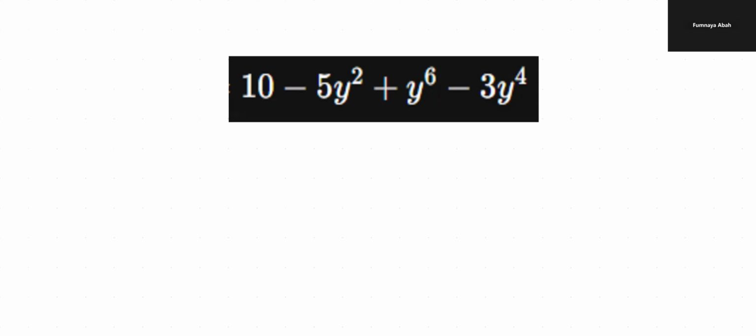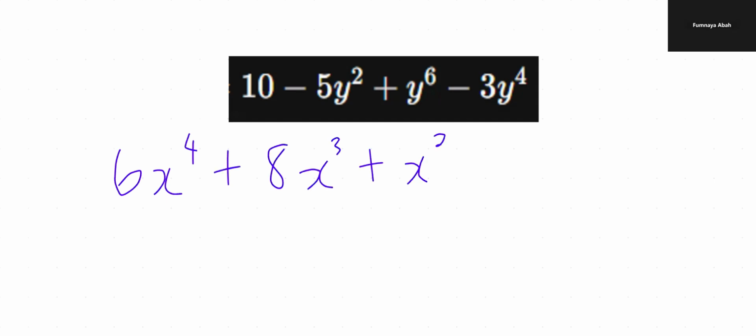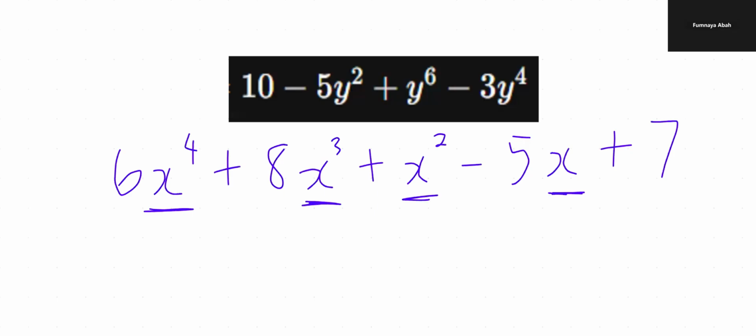And what I mean by that is, say we have this polynomial. Looking at the powers, let's focus on the x part of these terms. We can see that the powers of x are decreasing. The first term has a power of 4.